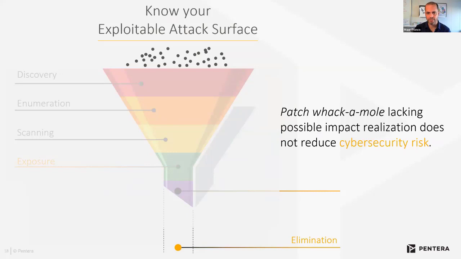We need to understand that this patch whack-a-mole, a first come, first served, FIFO, LIFO, whatever approach you want to take based on the CVSS or any other metric that you have in place, without embedding the adversary's way of operation, what the adversary may look at as an attractive asset for multiple reasons, does not help us reduce cybersecurity risk.